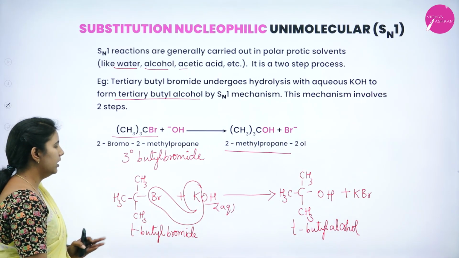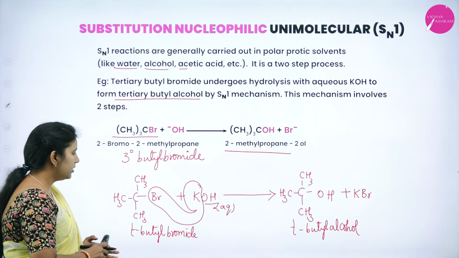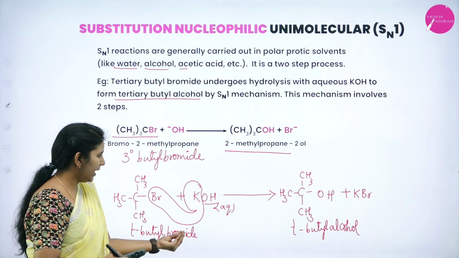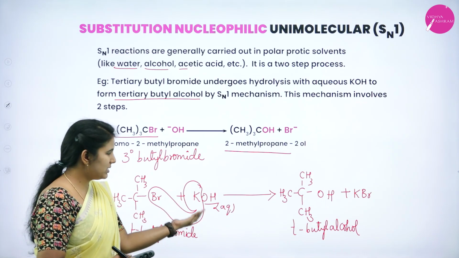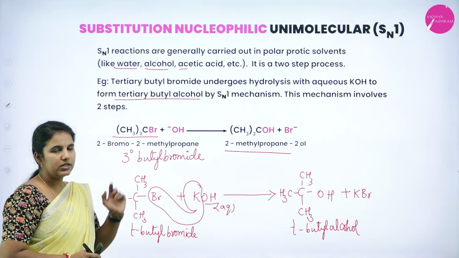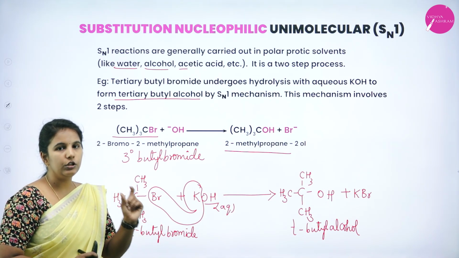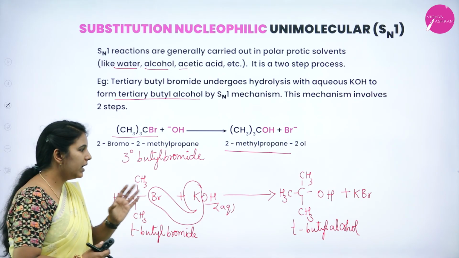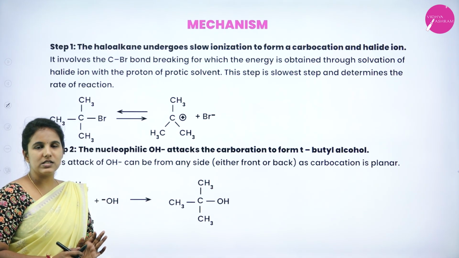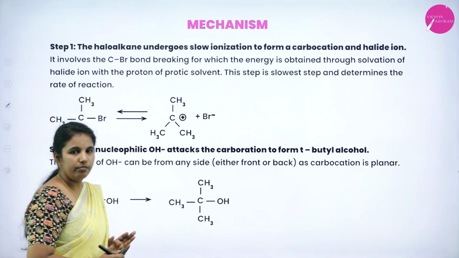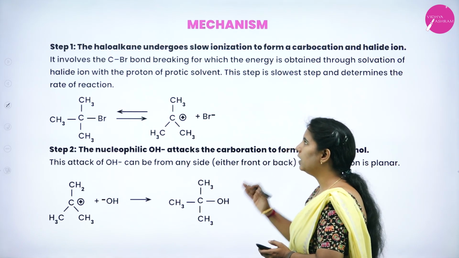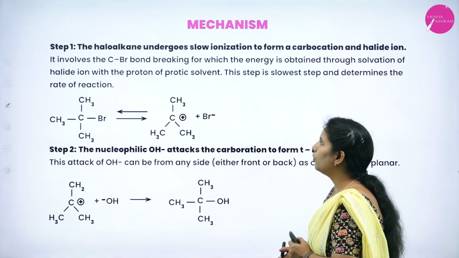So this is a reaction where tertiary butyl bromide undergoes the SN1 reaction mechanism with aqueous KOH to form tertiary butyl alcohol. This is a substitution nucleophilic unimolecular reaction. We'll see the reaction mechanism so that we understand how tertiary butyl bromide is converted into tertiary butyl alcohol. So in the first step, what will happen?